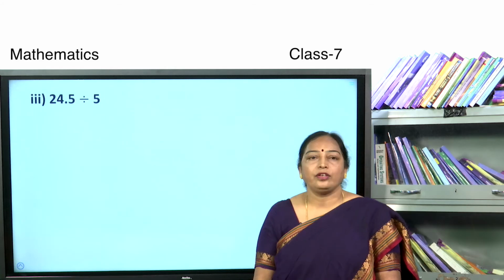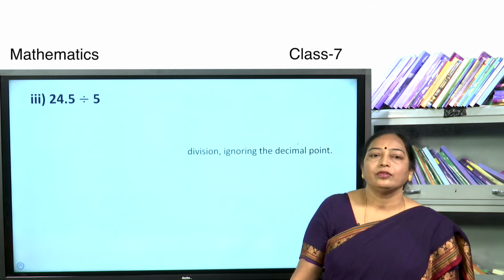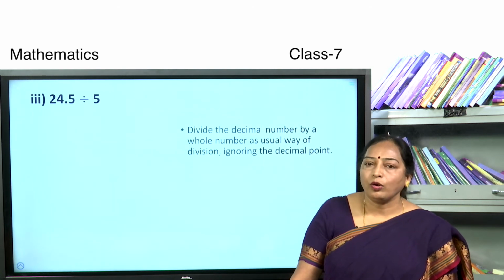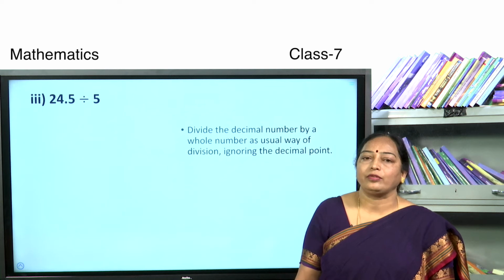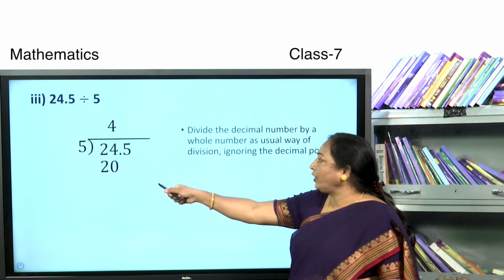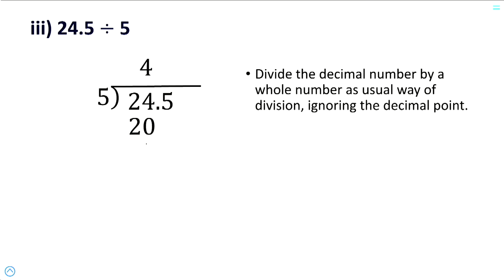Let us divide 24.5 by 5. Divide the decimal number by a whole number in the usual way of division, ignoring the decimal point. 5 4s are 20. 24 minus 20 is 4. Bring down 5. 5 9s are 45.